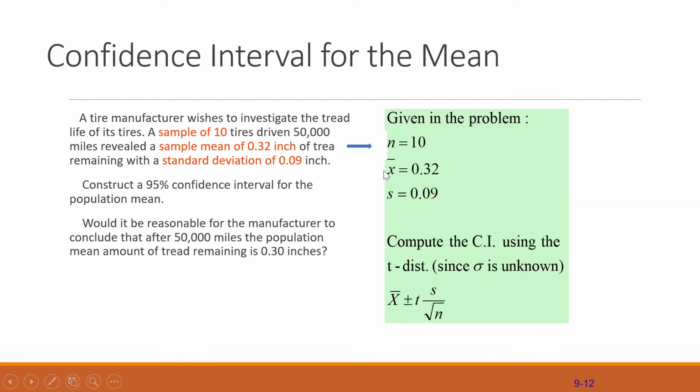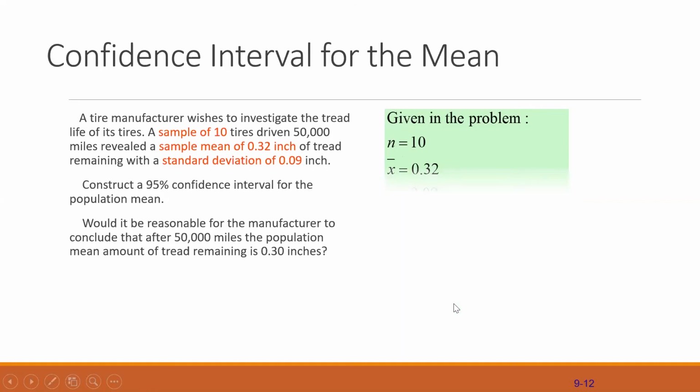All right, so from the problem, we can find that the sample size is 10. The sample average is 0.32, because out of the 10 tires driven for 50,000 miles, there's an average of 0.32 inch of tread left. Standard deviation is 0.09, which is the S in the formula, and we're going to use that formula to do the calculation.